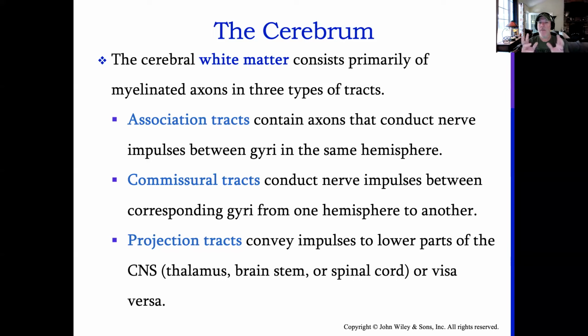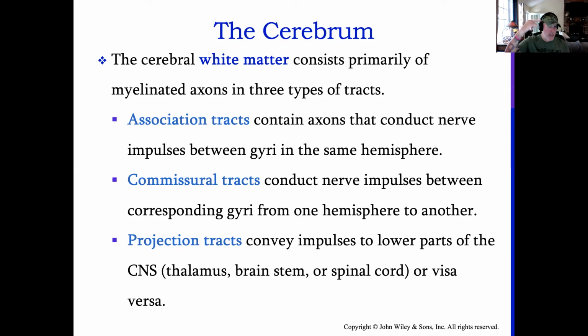So any white matter tracts carrying impulses between the gyri within the same hemisphere, let's say in the right hemisphere, carrying information from the post-central gyrus to the precentral gyrus, are going to be done through axons that are part of what we call association tracts.